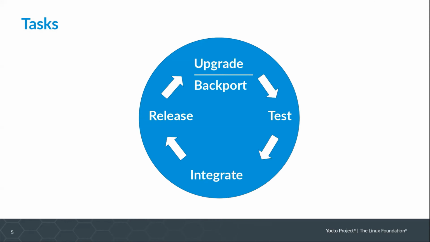And after this, it's integrated, meaning committed, then released to one of the supported branches, master and the LTS and the current release branch. After this it is backported to the other release branches I was just talking about, and then it's tested, integrated, and released. So this is a lot of work.